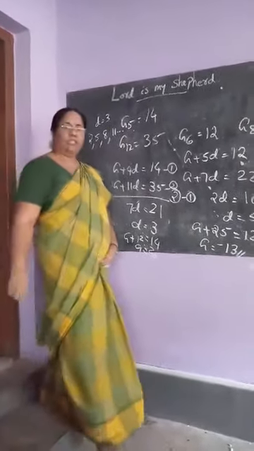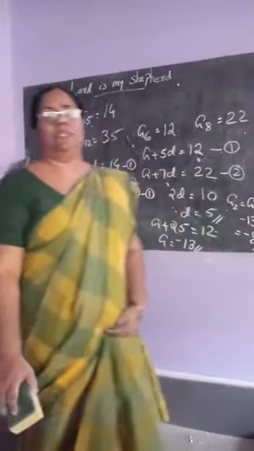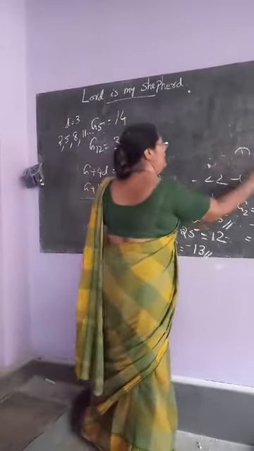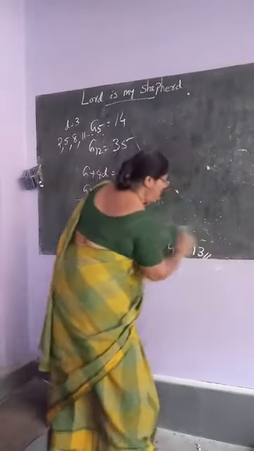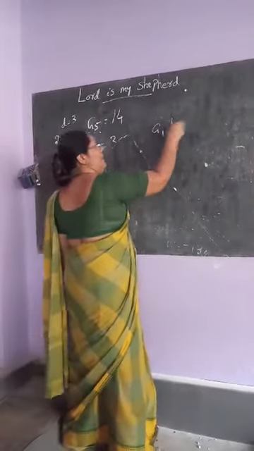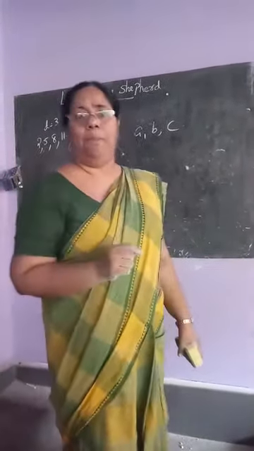Understand? Next topic is, if 3 terms A, B, C are in AP, then these are the 3 consecutive terms of an AP.